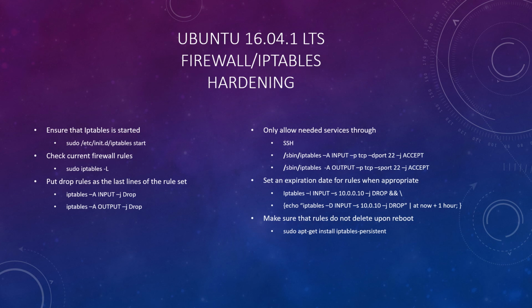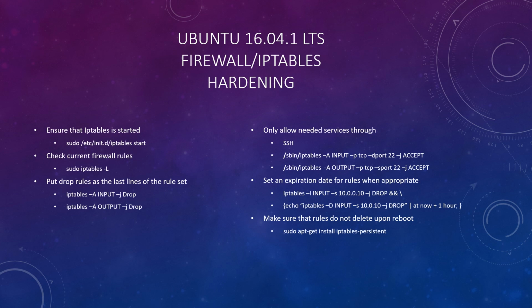You also want to put those drop rules at the last line of the rule set. You can do an input-output iptables rule or command on the command line to do this. You only want to allow the services that are absolutely needed through.